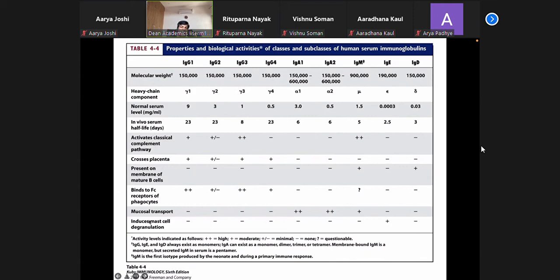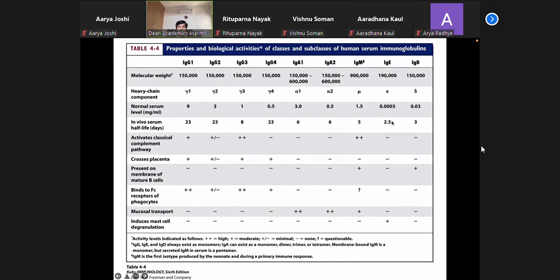Other properties are also listed here. Whether they are able to activate the complement system and to what extent, whether they can cross the placenta, and whether they are present on the surface of membrane, in which case you have IgM and IgD. Which can bind to Fc receptors responsible for phagocytosis, IgG. Mucosal transport, IgA.